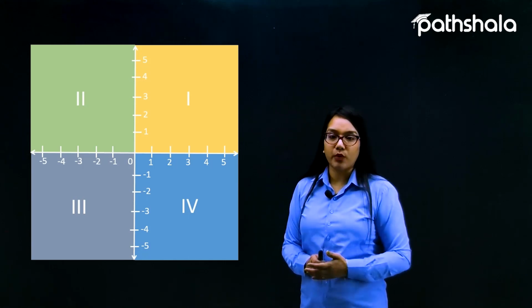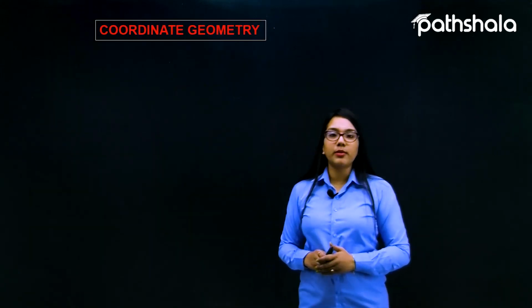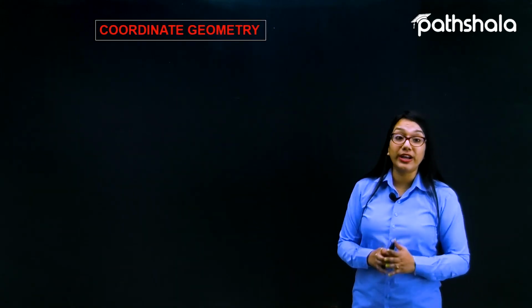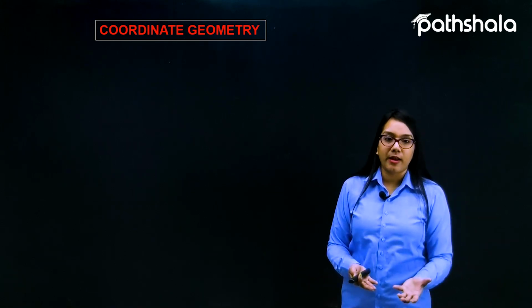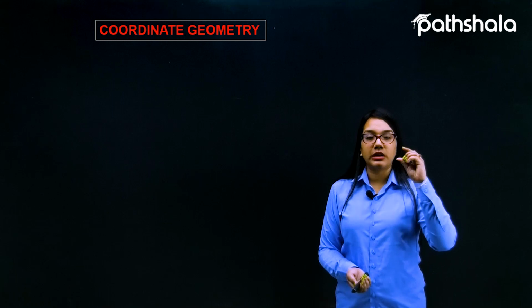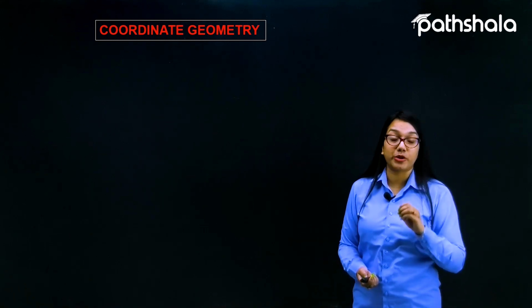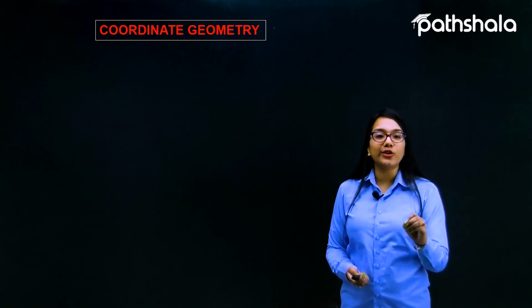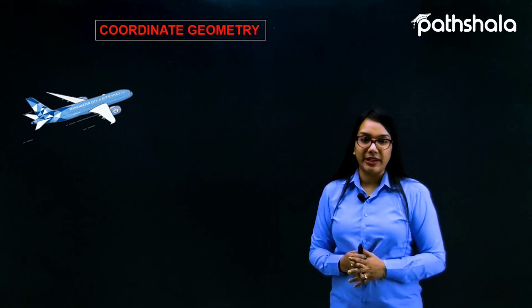We will further discuss it, but this is all about the introductory part. Now let's move on towards coordinate geometry, because we are discussing the Cartesian system, which definitely helps us to locate a point on a number line. So let's further talk about the real life applications.